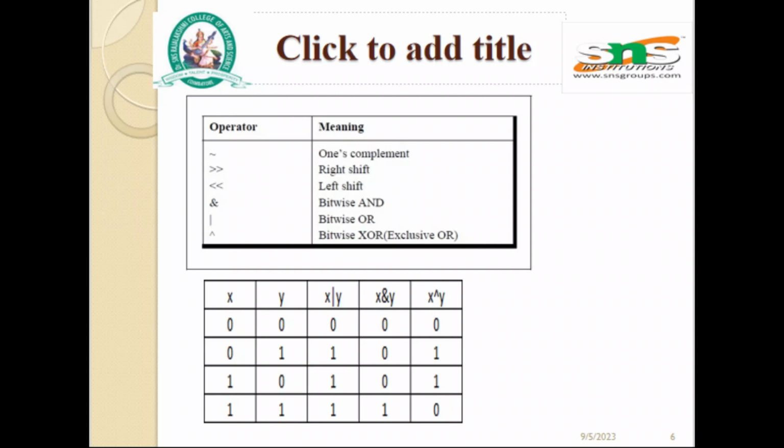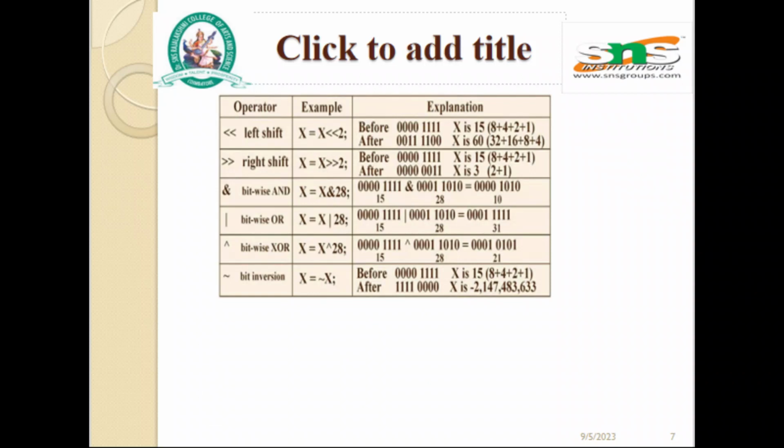Another topic is bitwise operations. Here we represent the left shift, right shift, bitwise AND, bitwise OR, and bit inversion.